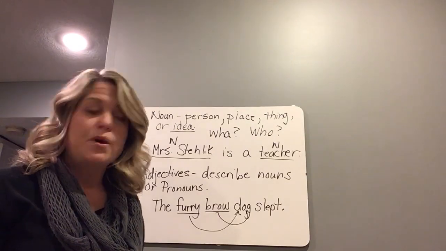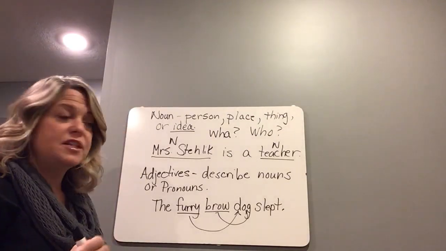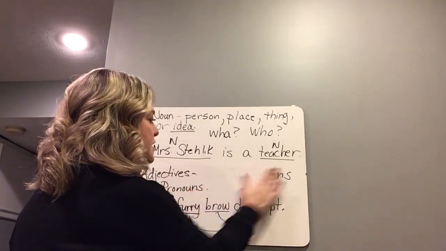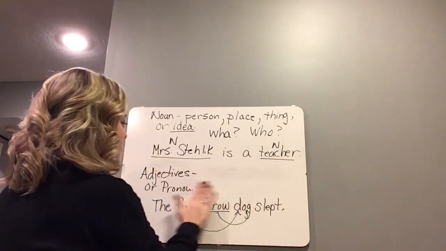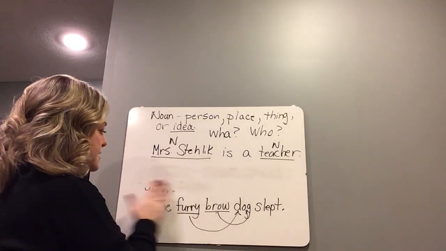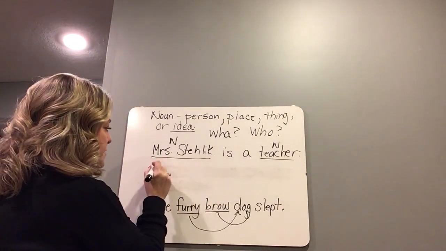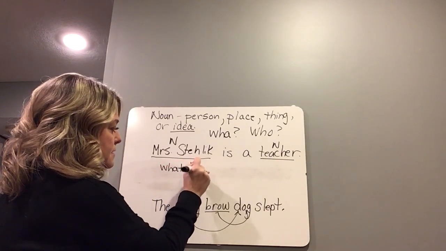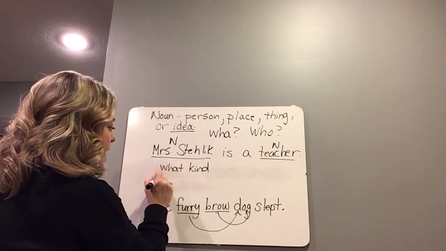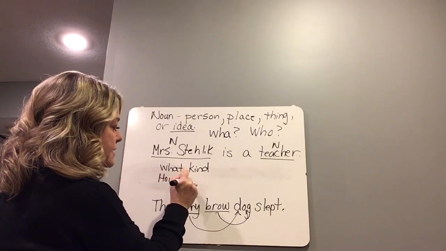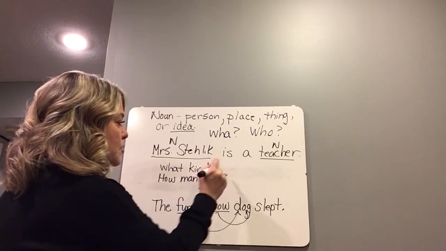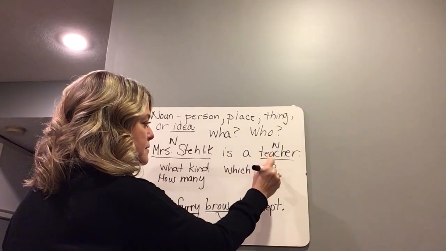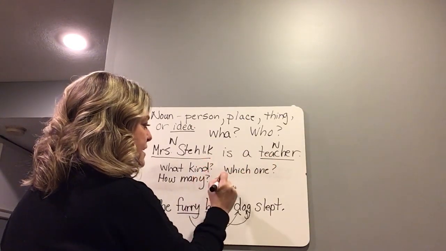And they answer adjective questions. The adjective questions are, I don't have my eraser down here, so I'm just going to use my hand. But the adjective questions are what kind, how many, which one, these are all questions, and whose.